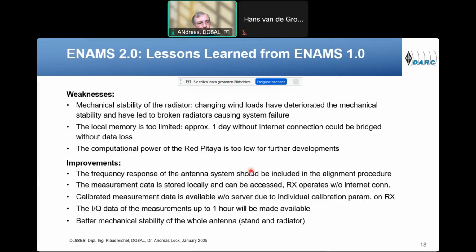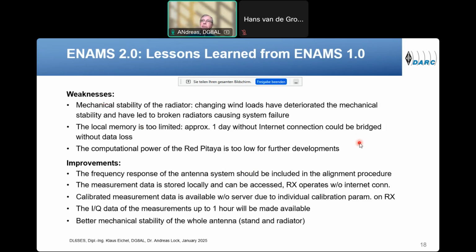And what we also see with the Red Pitaya, which is a very, very nice device, is that the local memory is too limited, because we can save only 1 day of data. Otherwise, the memory is filled up if the internet connection is broken. And also the computational power of the Red Pitaya is too low for further developments.